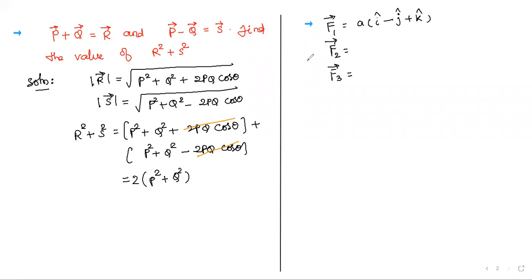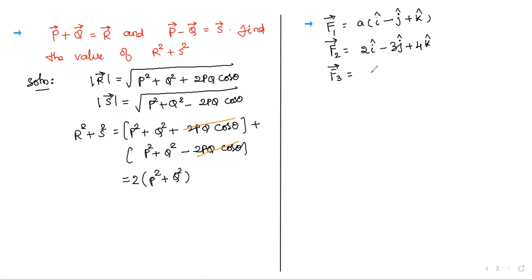And F2, what he has given there, once you check, 2I cap minus 3J cap plus 4K cap. F2 is completely known. Nothing unknown there. But look at F1, A is unknown.